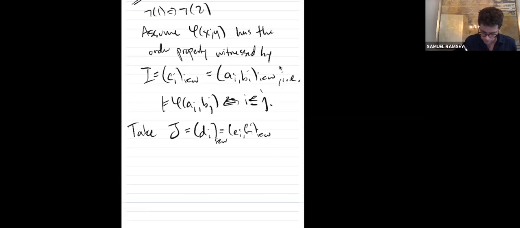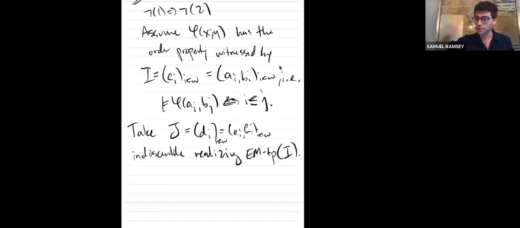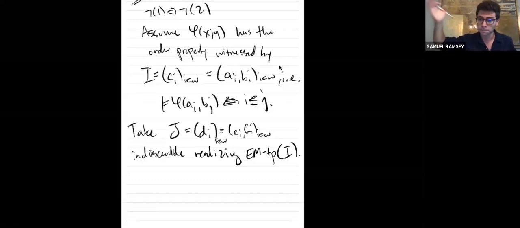An indiscernible sequence which realizes the EM type of I over the empty set. So I won't write it. All right, and we have 2 proofs now that this is a possible thing to do. So we start just with some sequence, which witnesses the order property. And from that, we can find an indiscernible sequence that closely resembles it.